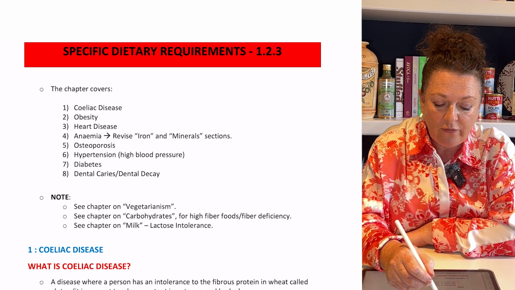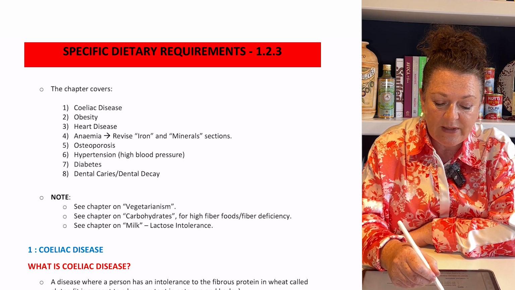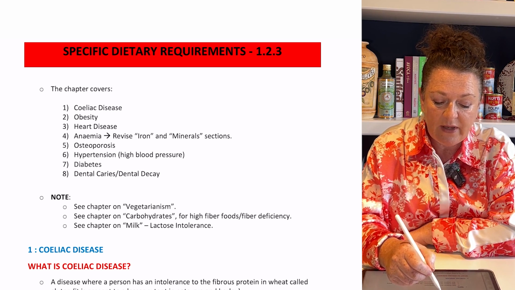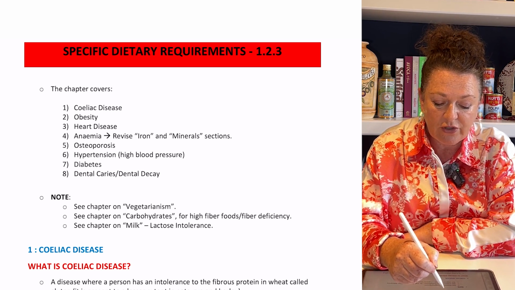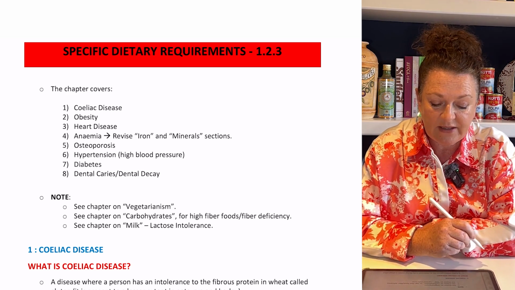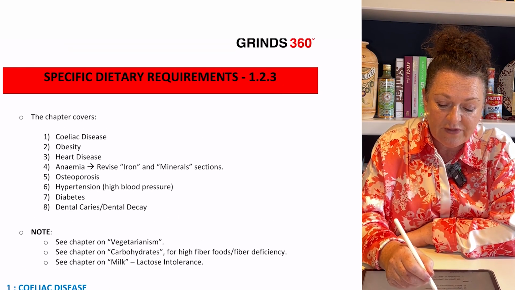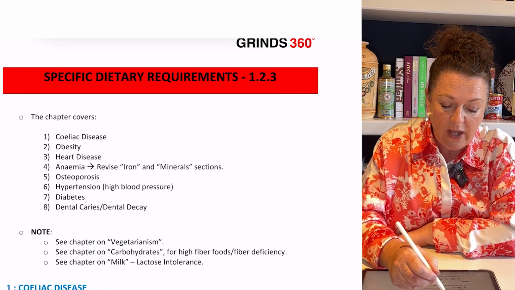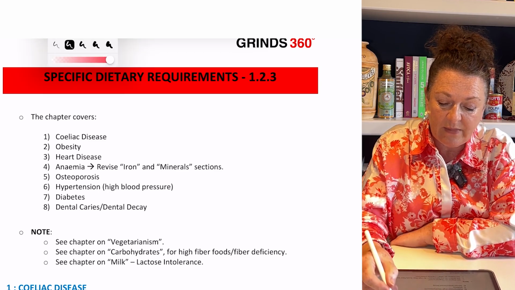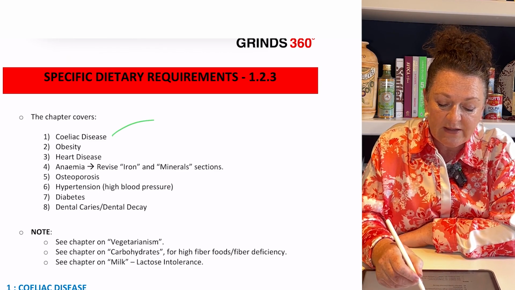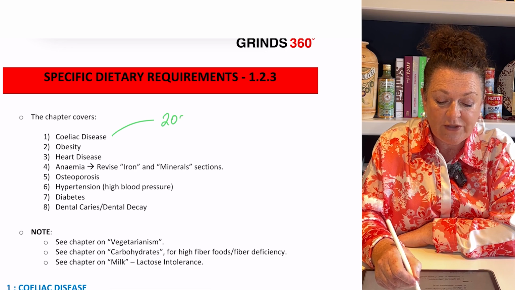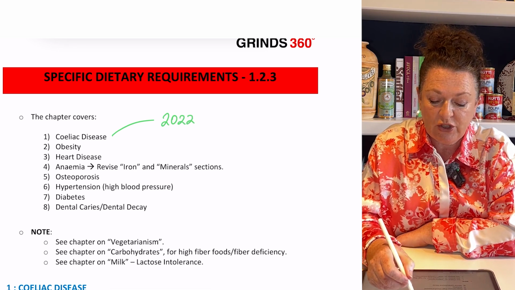So this chapter covers celiac disease, obesity, heart disease, anemia, osteoporosis, high blood pressure, diabetes, and dental decay. Now, if we start with our first one here, which happens to be celiac disease. Celiac disease was on a long question in 2022.